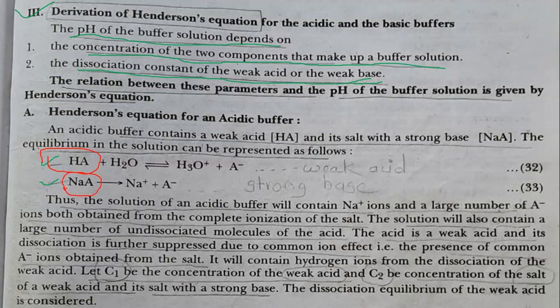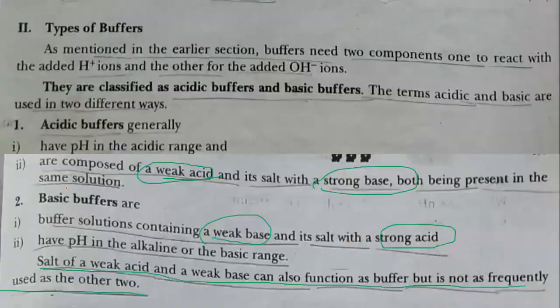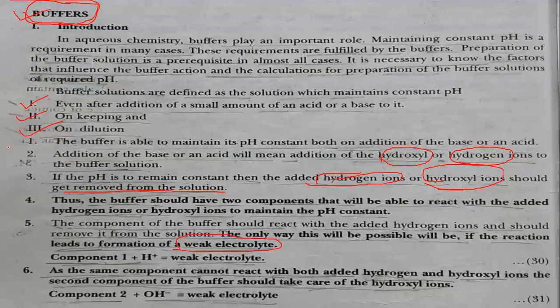Now there are two components: one is a weak acid, and the other is a salt with a strong base. These two components play a very important role. Component one reacts with the H plus ion and forms a weak electrolyte. When you add a hydroxide ion, component two reacts with the hydroxide ion, and that helps form a weak electrolyte.